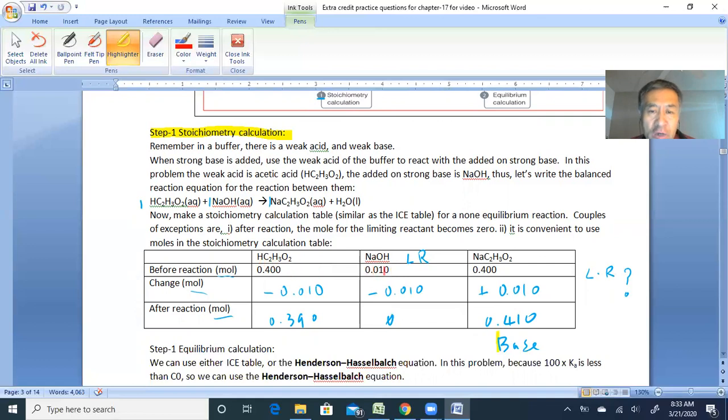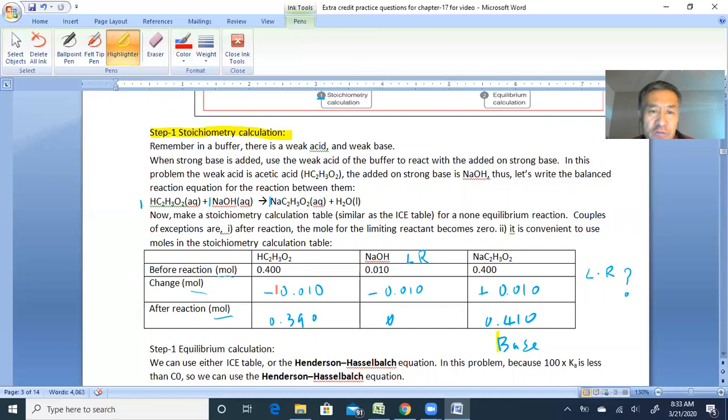Therefore, NaOH is the limiting reactant. Once we know the limiting reactant, the change will be the initial amount of the limiting reactant. Initially the NaOH has 0.010, then the change will be negative 0.010, because when you add these two numbers, you get 0. That's why this is the limiting reactant.